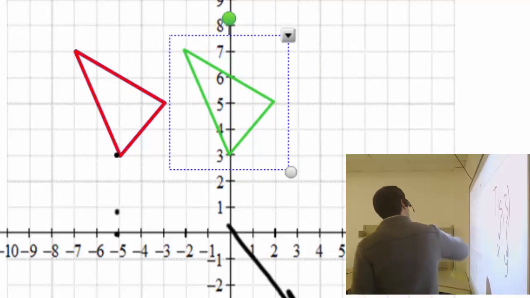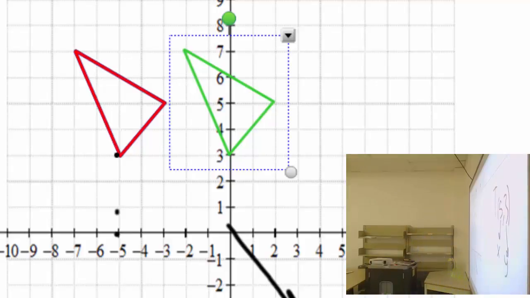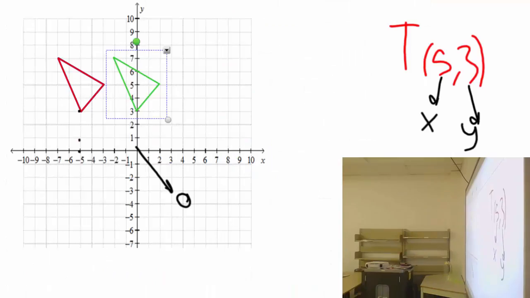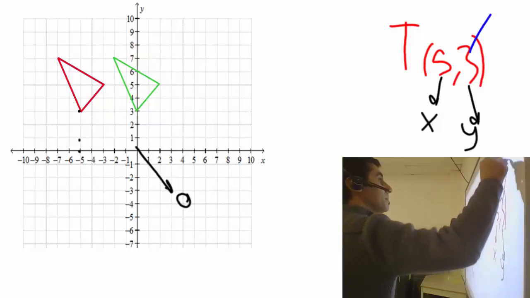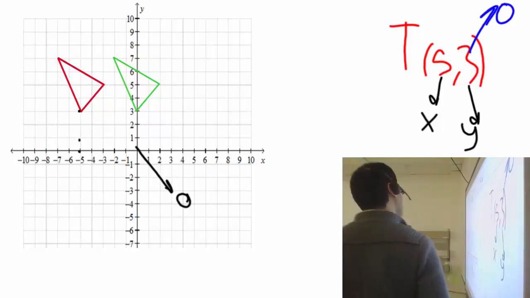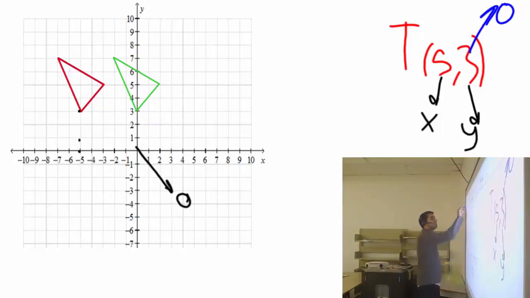Okay. That's good. So I translate it from wherever it is 5 units to the right, because it's positive 5. Now I'm looking at Y as well. There is a number there. Maybe sometimes you will see this number being 0, which means don't make any change with the Y. But right now that is not 0. That is +3. Positive numbers are up.